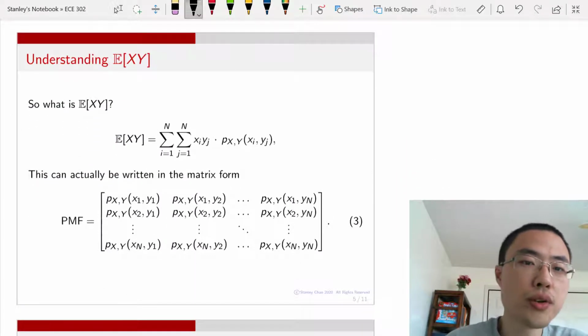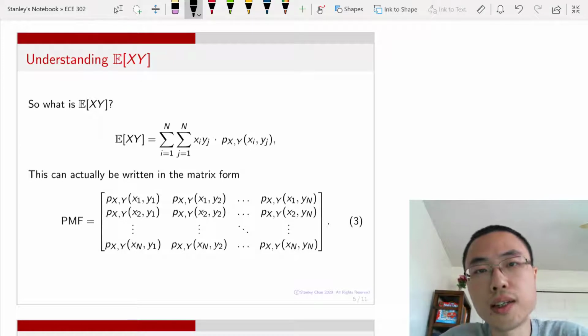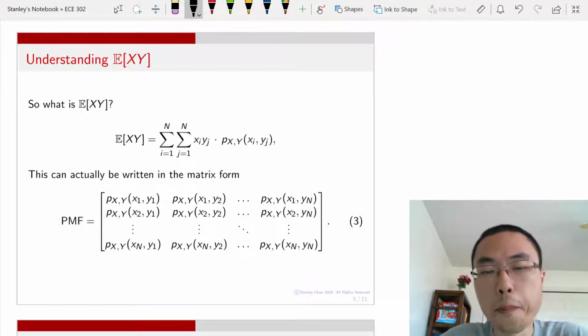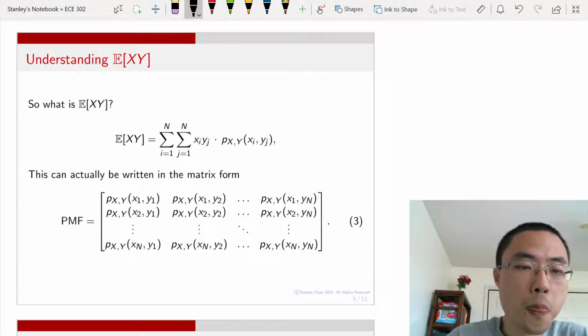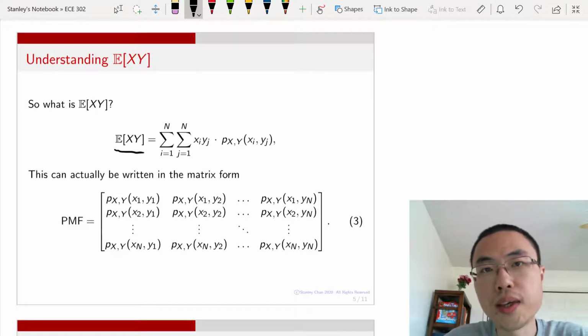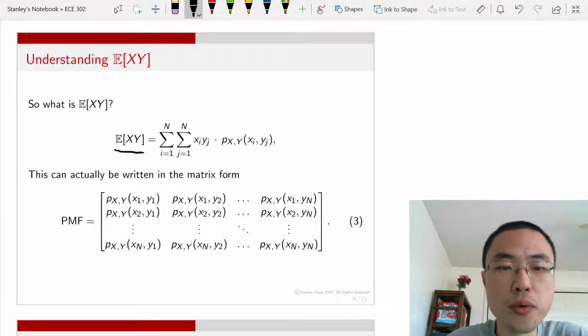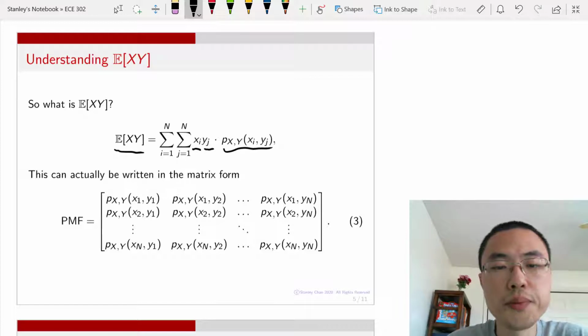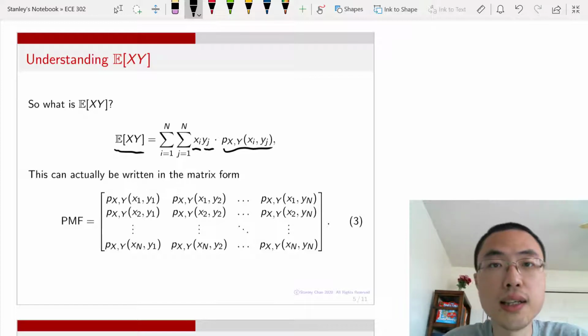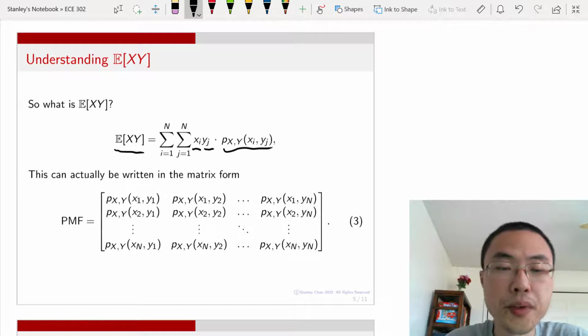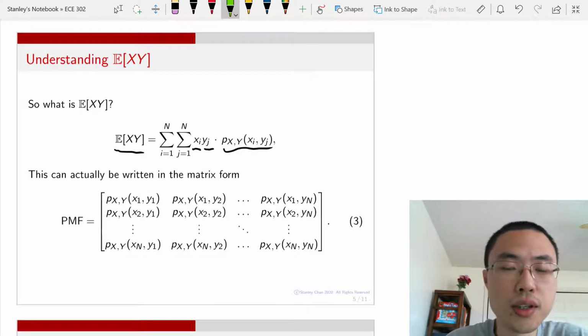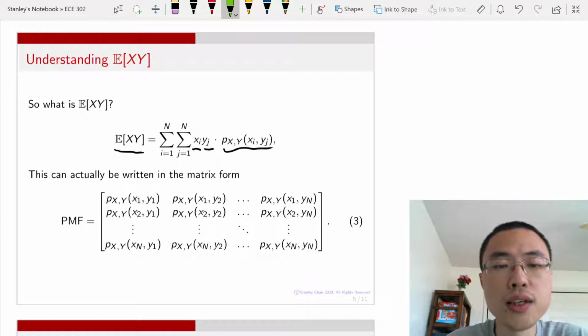So let us try to understand the meaning of the expectation of X times Y. If we follow the previous example, we know that it is defined as X times Y times the PMF evaluated at the corresponding X and Y. Here I'm using the notation Xi and Yj to say that I have n values of i and n values of j, and they have different state values.